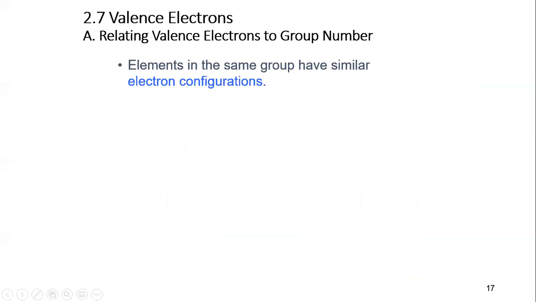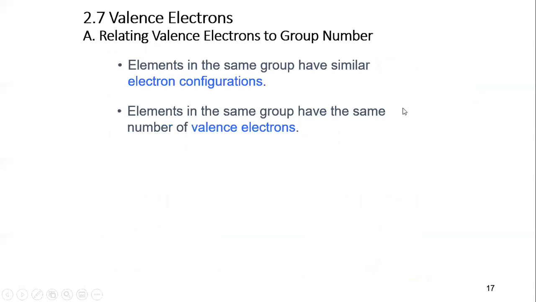So there's a way we can relate the valence electrons to the group number. And this is very important. Elements in the same group have the same number of valence electrons regardless of what row they're on. This is because they have similar electron configurations, which means they both have, for example, an s and p orbital filled.